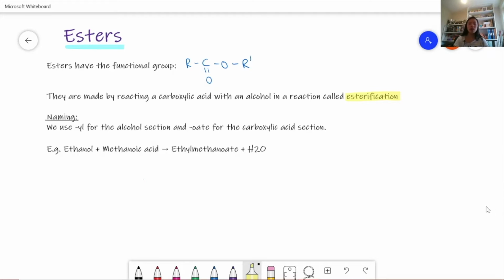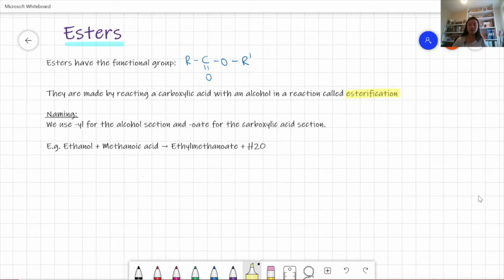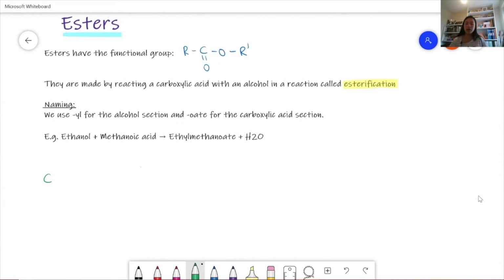And so what it looks like is we have ethanol, so that's CH3CH2OH, and we add it with methanoic acid, so we have HCOOH, and this forms... How you do it is you first look at, I like to look at the acid first, so I write down the bit of the acid before, until I get to the oxygen.